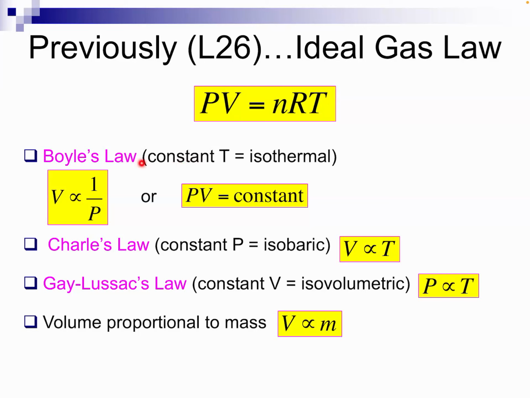So Boyle's law says that assuming the temperature of the gas is constant, the volume should be inversely proportional to the pressure, meaning if you decrease the pressure, the volume should increase, and vice versa. If you increase the volume, the pressure should decrease.